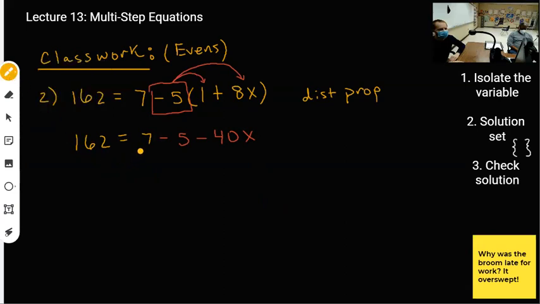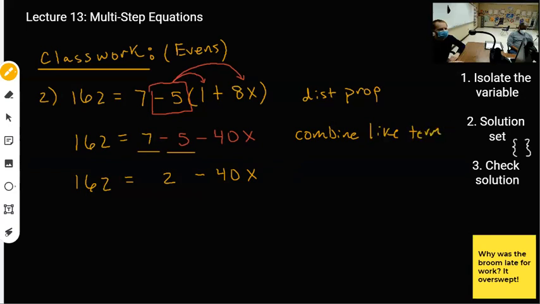And now I've got some like terms that I can combine. I have a +7 and I have a -5. When I put 7 minus 5 together, I'm going to get 2. But I still have to bring down the 162 and the minus 40x. Okay, so now that we've combined like terms, I'll write that down, combine like terms.